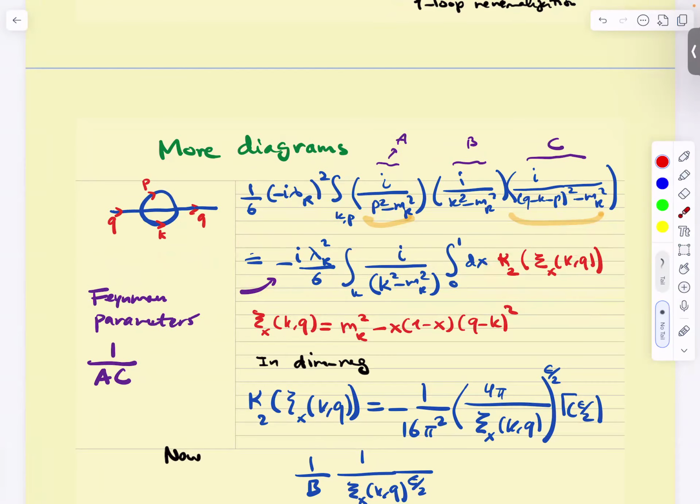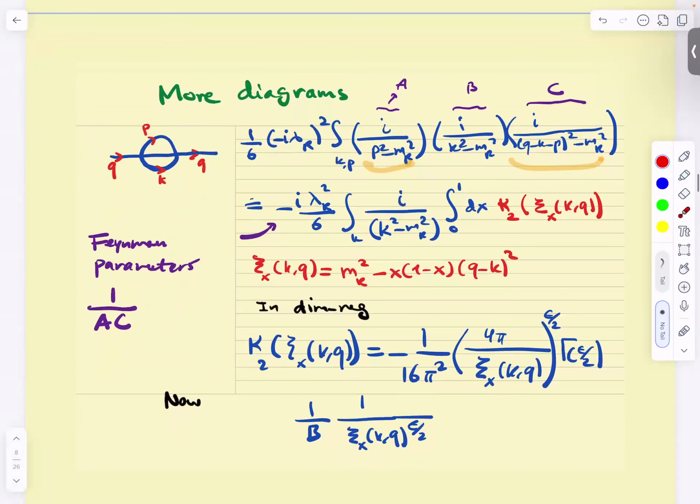Now this K2, you just go through the standard expansion near 4 minus epsilon, and this is the expression that you obtain. Well, sorry, it's not quite. You do the integral, and then you get these gamma functions, right? You do the integral in dim-reg. The integral is doable exactly as K2, right? There are gamma functions, and this is what it becomes. Notice that now the epsilon terms are whatever they are.